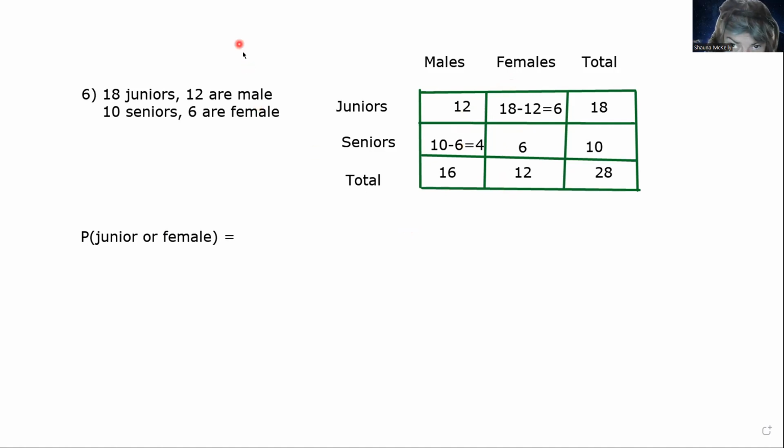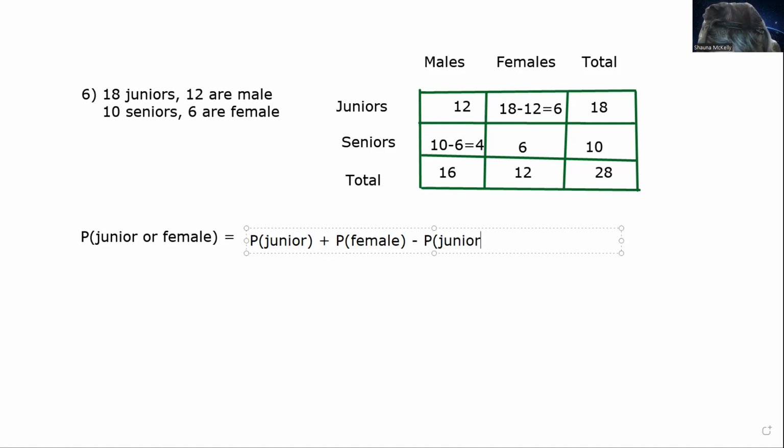So junior or female. Here we have the probability of being a junior plus the probability of being female minus the probability of being a junior and female, okay?